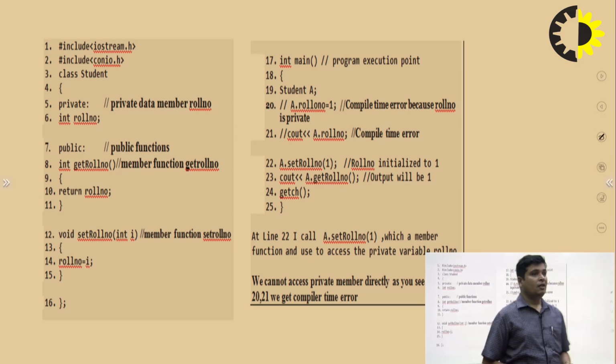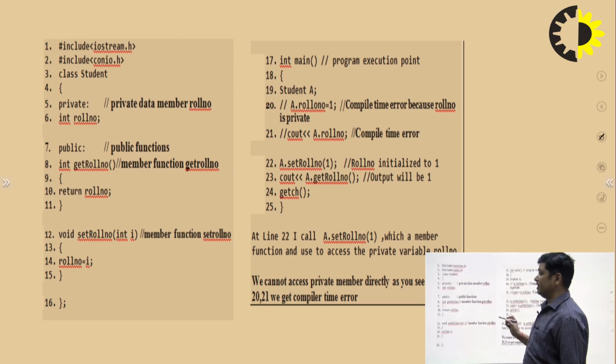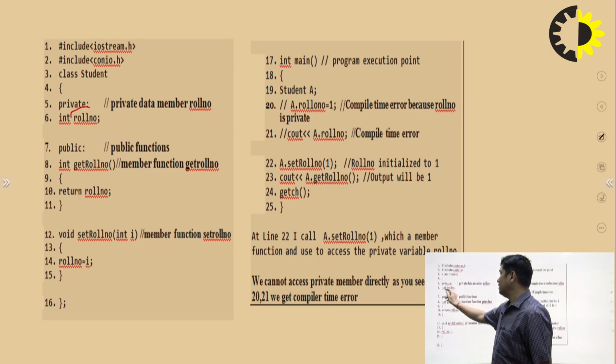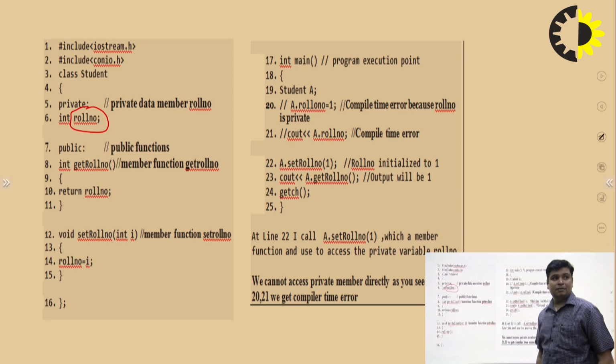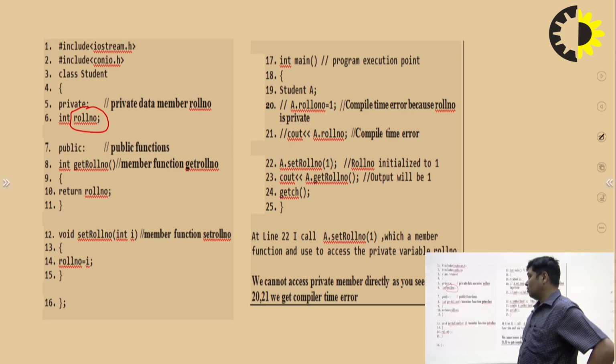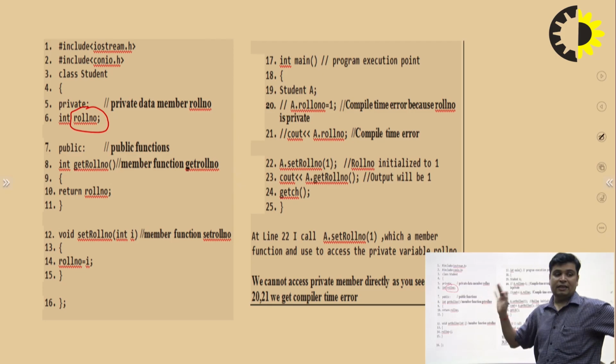So just take this example and you will see how we can access the private data member of the class. You will see here, this is the private data member roll number. Okay. And for this private roll number, now I am going to declare two public methods or functions inside this code.